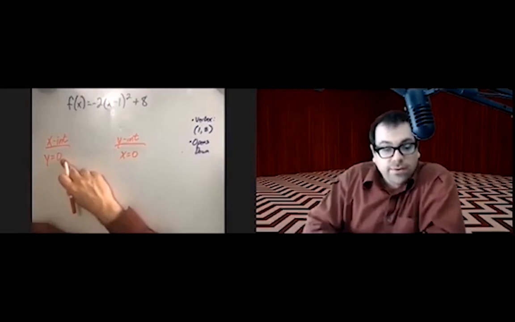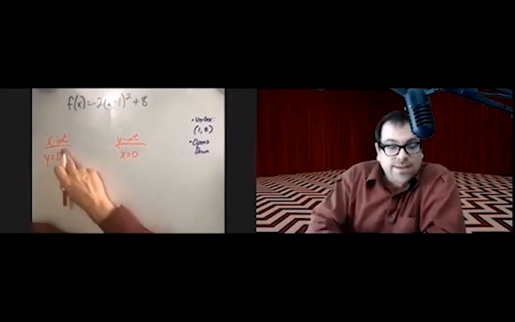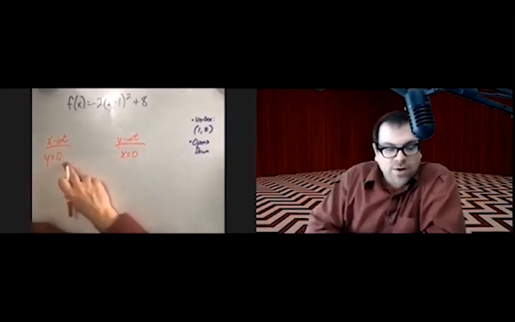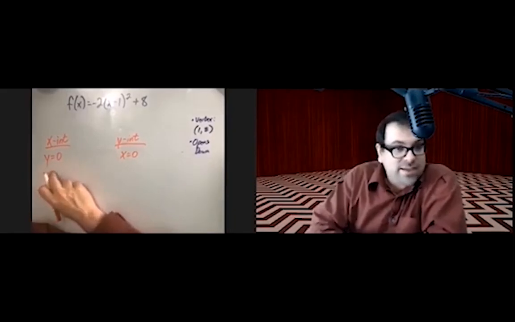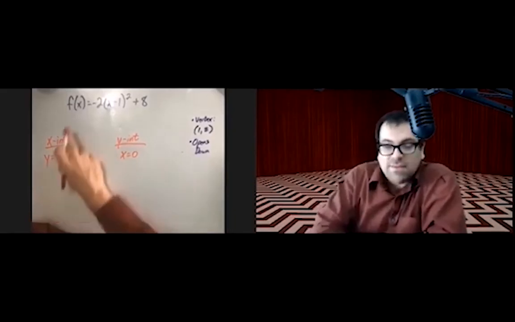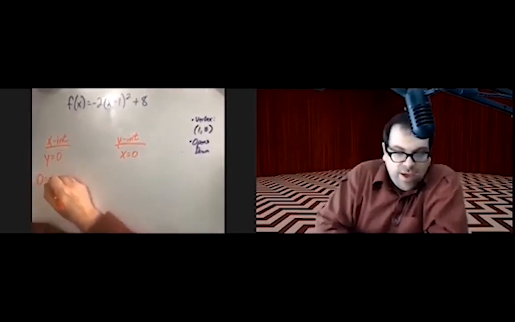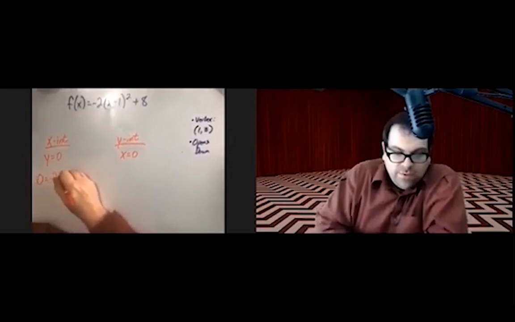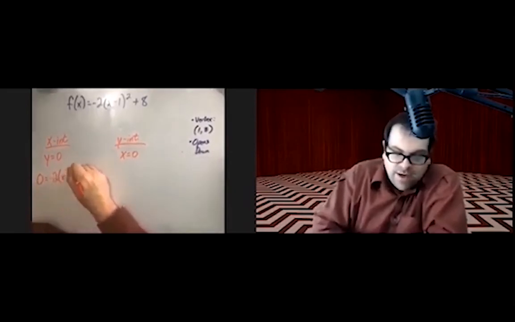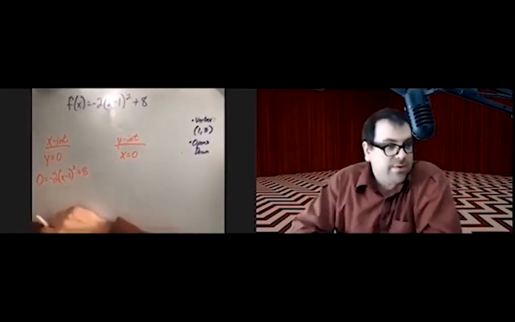If we go ahead and set y equal to 0 or set f of x equal to 0, that doesn't mean plug 0 in. It means set the whole thing equal to 0. So -2 times x minus 1 squared plus 8.